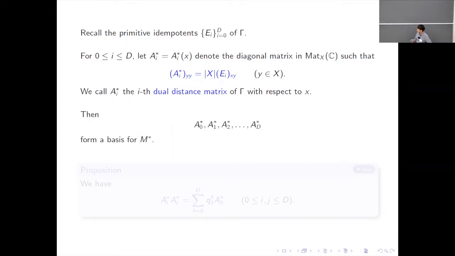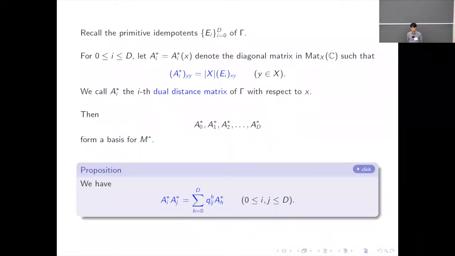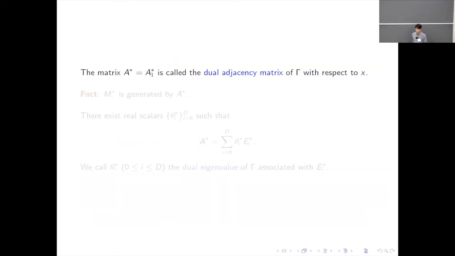It turns out the sequence of these dual distance matrices forms a basis for the dual Bose-Mesner algebra. And their product is the sum of Ah star with coefficient q^h_ij. So this is exactly the dual version of the distance matrix multiplication.